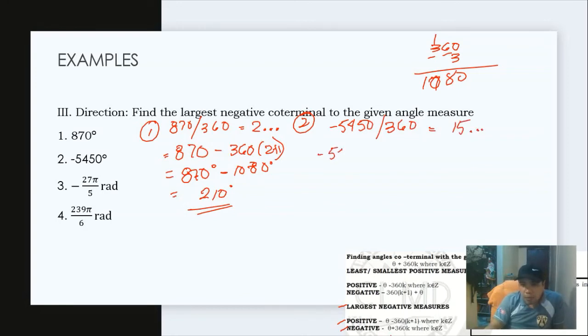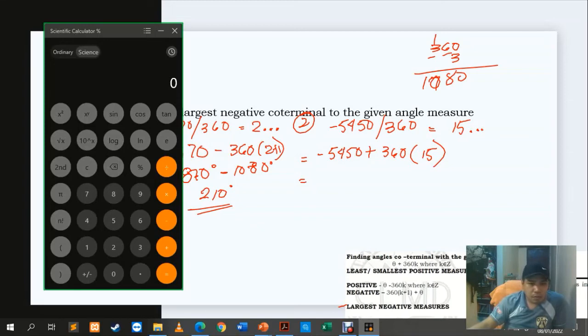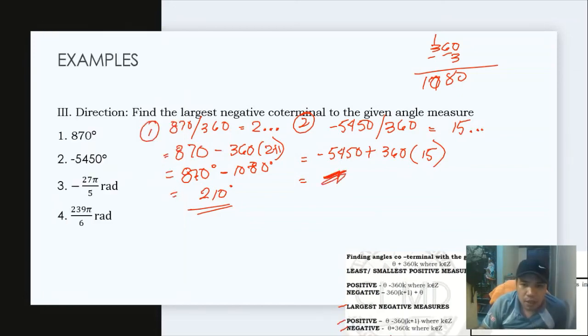So, negative 5450 plus 360 times 15, negative 50. So, negative 50 ang sagot dito. Negative 50 degrees.